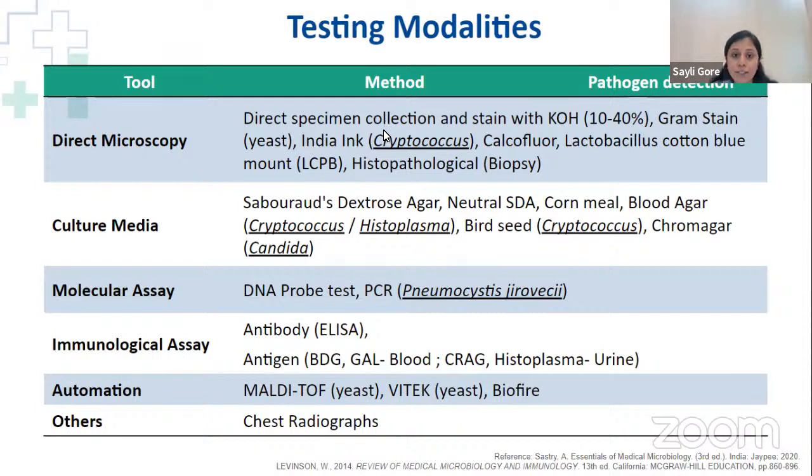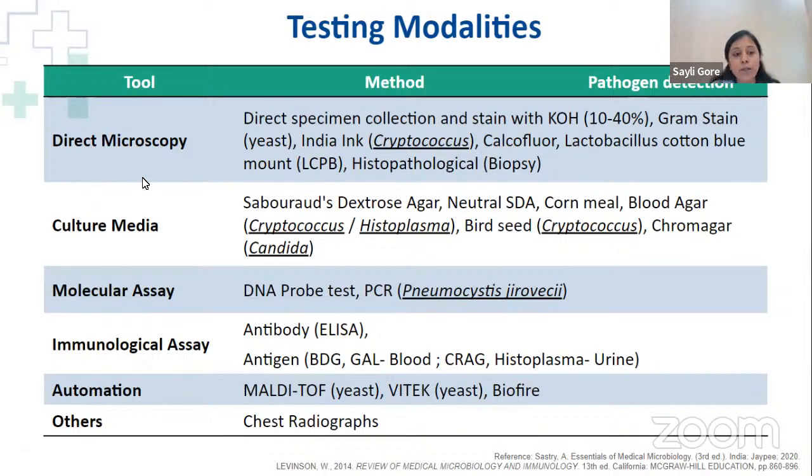India ink is specially used to identify Cryptococcus. It differentiates Cryptococcus organisms from all the yeasts. Then there are calcofluor, lactophenol cotton blue mount stains, and some more stains like acid-fast stain, silver stain, trypan blue stain, and aniline blue stain that are used for histopathological identification of the biopsy tissues.